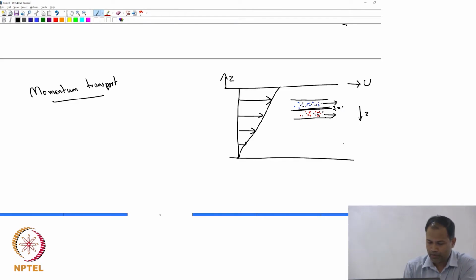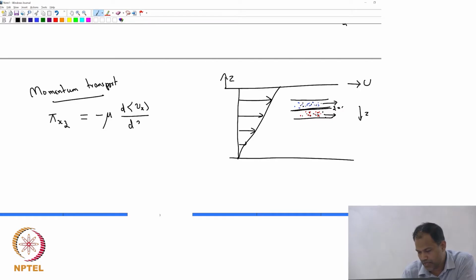So, if you look at momentum transport, which is typically written as pi xz, that is the amount of momentum that is getting transported, and you would write it as equal to minus mu times d average Vx divided by dz. Why would you write that? Because this is our x direction, that is our z direction.